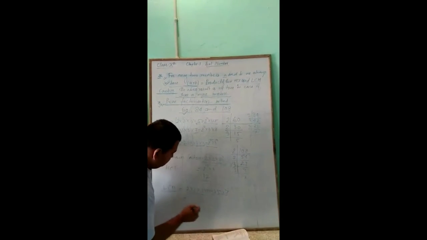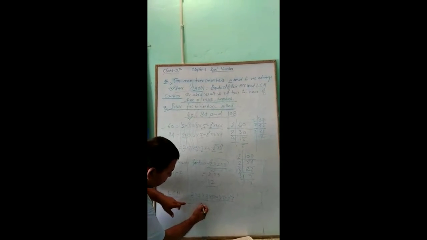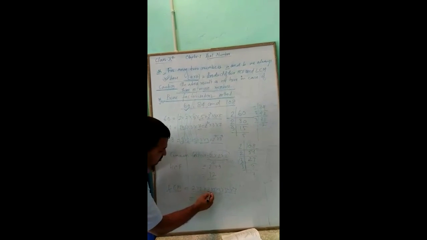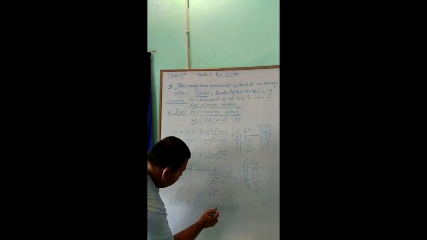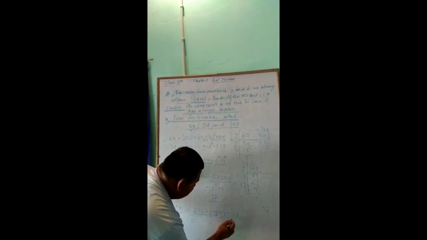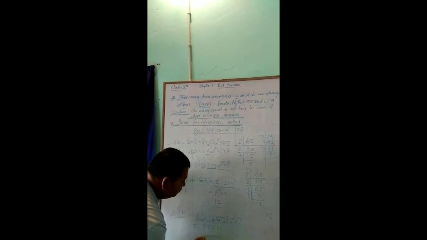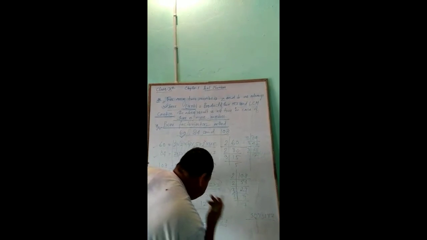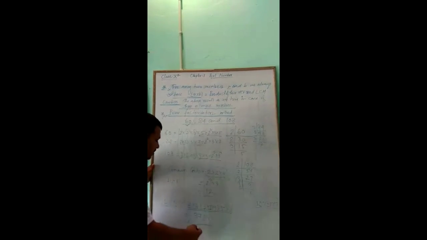Now after multiplication we get 2 to the 4, 3 square, 5, 7, which gives 3780. That is the LCM of all these numbers.